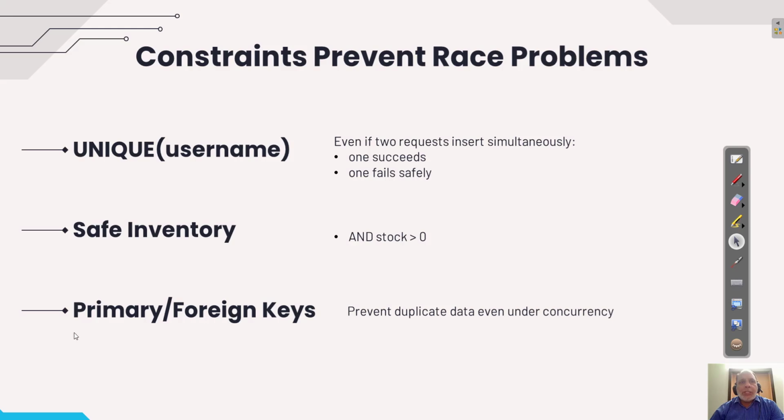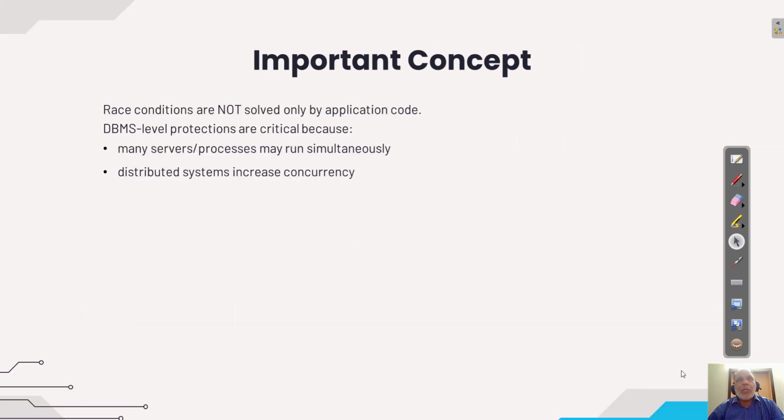Another is primary keys and foreign keys, to prevent duplicate data even under concurrency. We will see in the coming videos how to apply primary keys and foreign keys when we deep dive into creating the database and tables. All these techniques, unique constraints, safe inventory, primary and foreign keys, we apply at the database level. An important concept is that race conditions are not solved only by the application code.